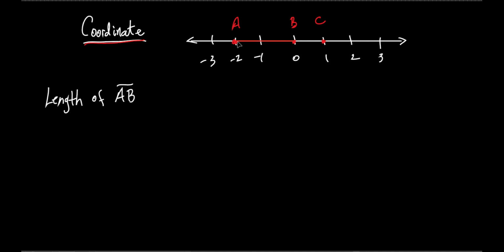So if we start here, let's count. 1, 2. Doesn't mean we're at point 2, does it? It just means there's 2 spaces. It could be in centimeters, millimeters, miles, yards, kilometers, whatever. But the length of it is 2. Isn't it?